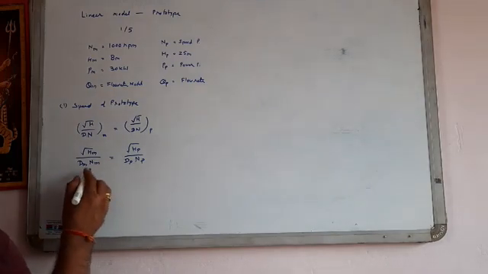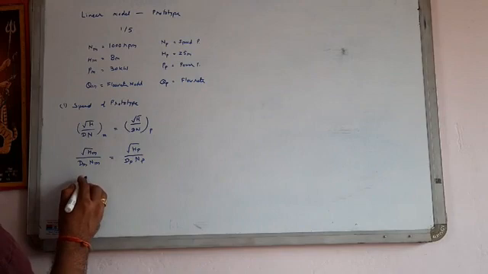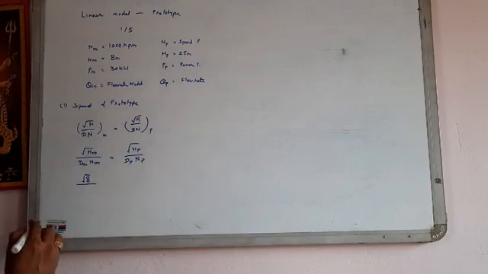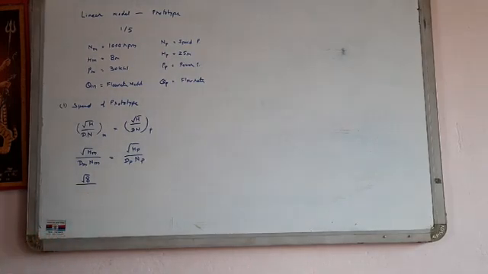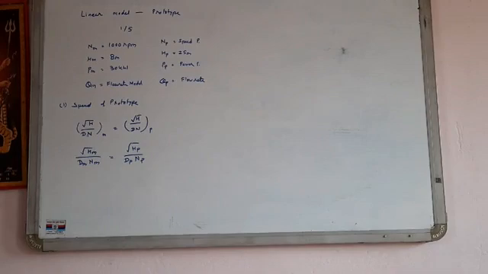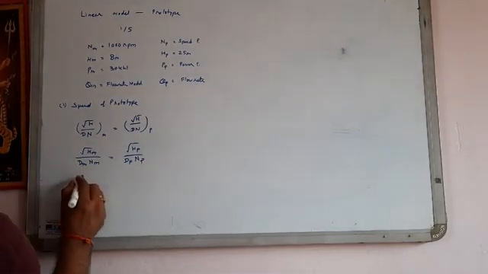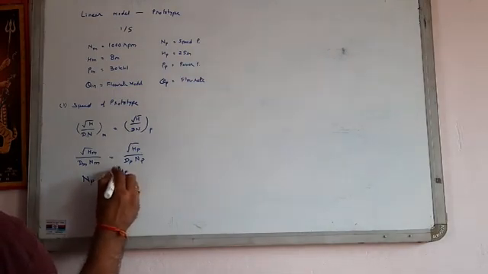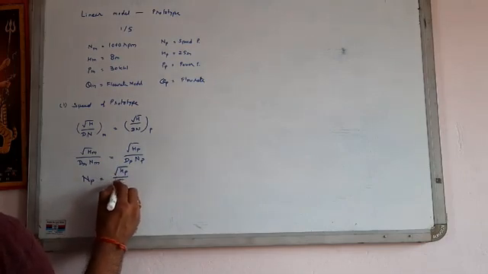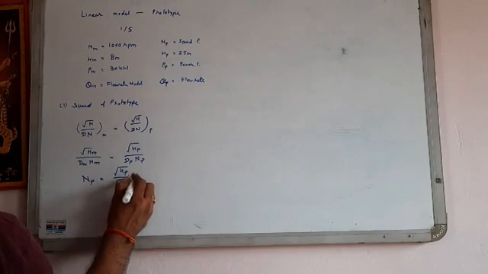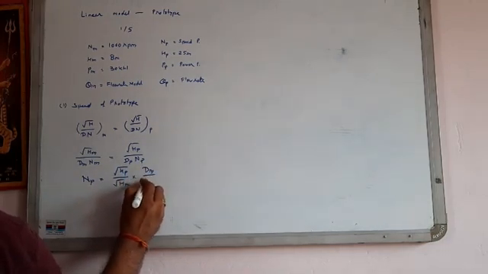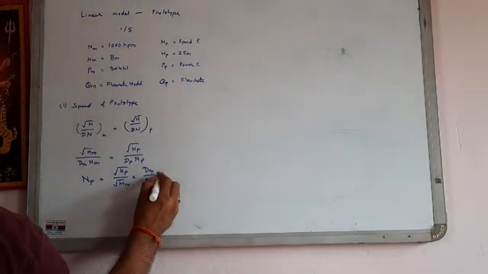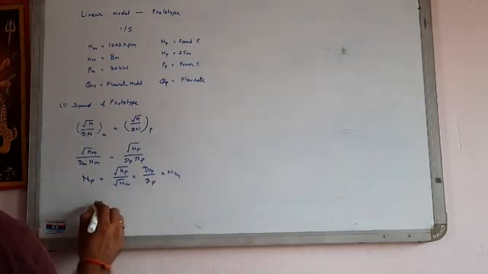So putting the values, Hm is 8, so here NP equal to root Hp by root Hm into Dm by Dp into Nm.